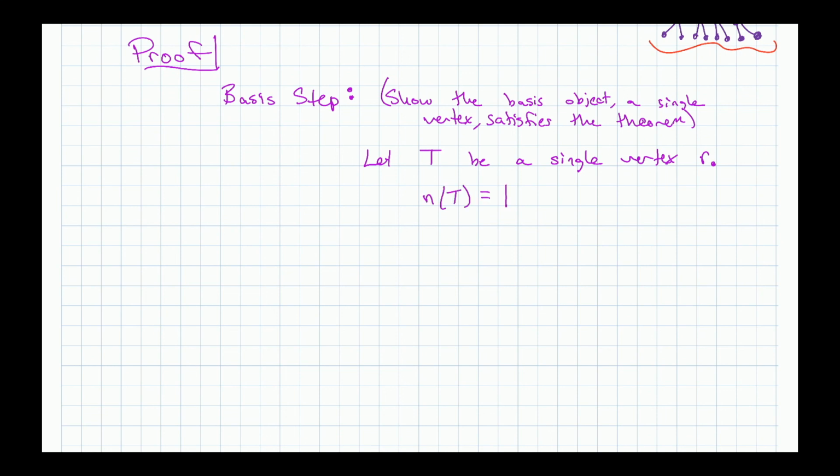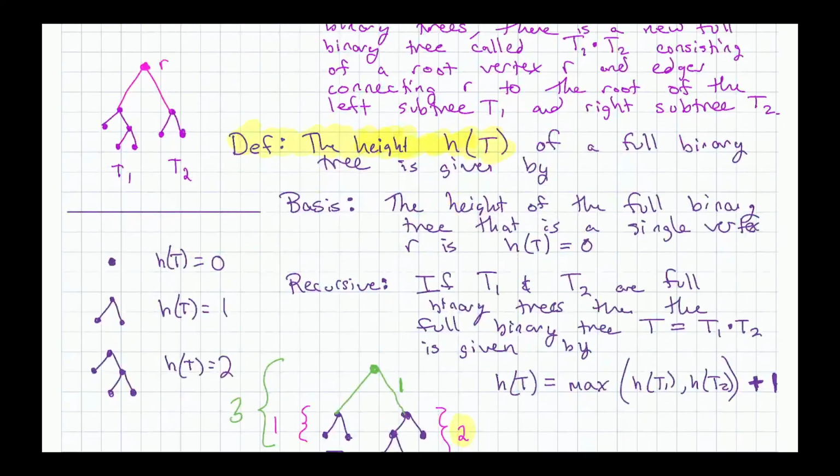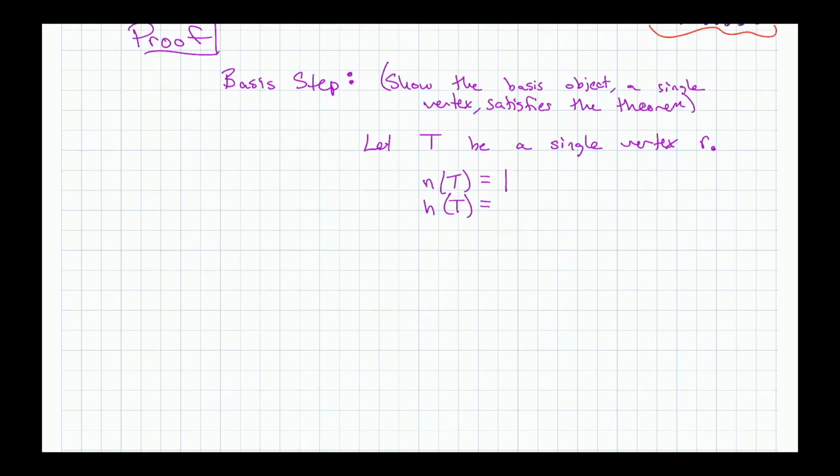It's 1, right? And also, what is the height of a single vertex? Well, just go back to your definition, and it says the height of a full binary tree that is a single vertex R is h of T equals 0.